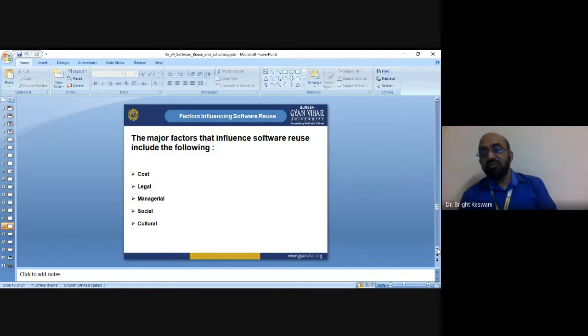When we talk about managerial factor, management can find it difficult to reconcile the issue of reuse in determining a developer's productivity. And this relates both to the developer producing a reusable component as well as the developer incorporating an existing component into a product.